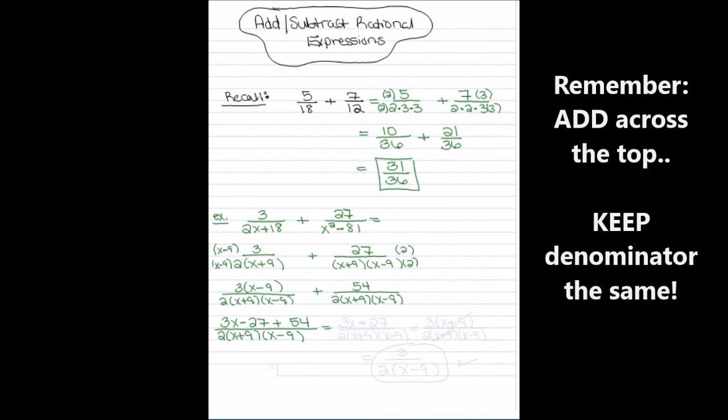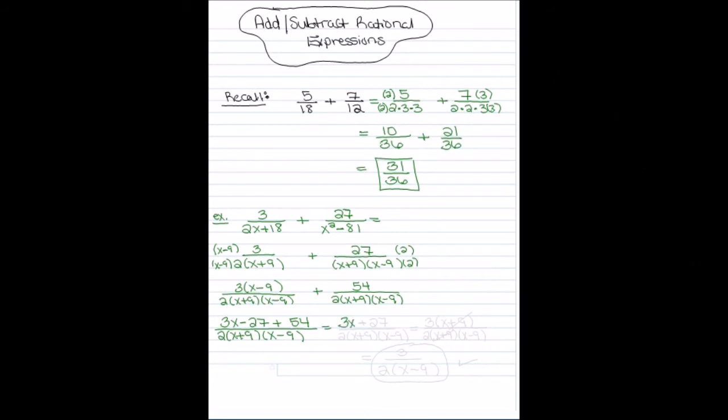If I combine my like terms across the top, I got 3x plus 27 over my denominator, 2x plus 9, x minus 9. And before I call this a complete problem, I'm going to factor across the top to see if I can reduce this further.